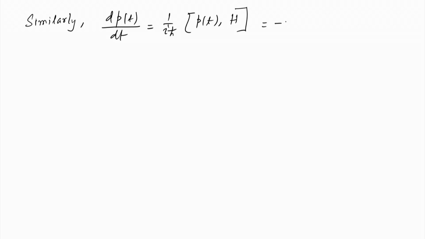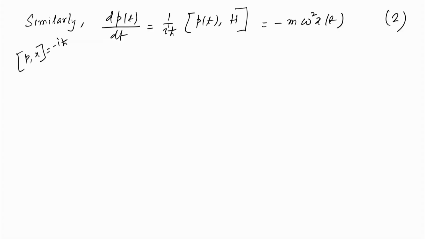P will commute with the p term, p will not commute with the x term, and a little bit of algebra shows that it is equal to minus m omega squared x of t, using the commutation relation that px is equal to minus iħ for all t. So, this is equation number 2, and remember x of t and p of t should be obtained from these equations of motion.